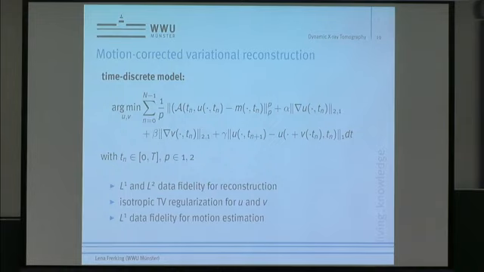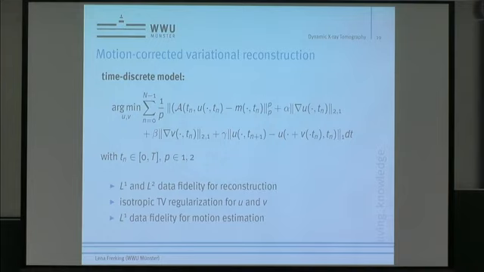So for this model, for the motion estimation part, we only focus on the L1 norm for this data fidelity, since, as I said, it's just more robust. But for the data fidelity for reconstruction, we consider the L1 and the L2 norm. For both regularizers, we only use the isotropic total variation regularization, since it's just the most fitting regularizer for the kind of data I will show later on.